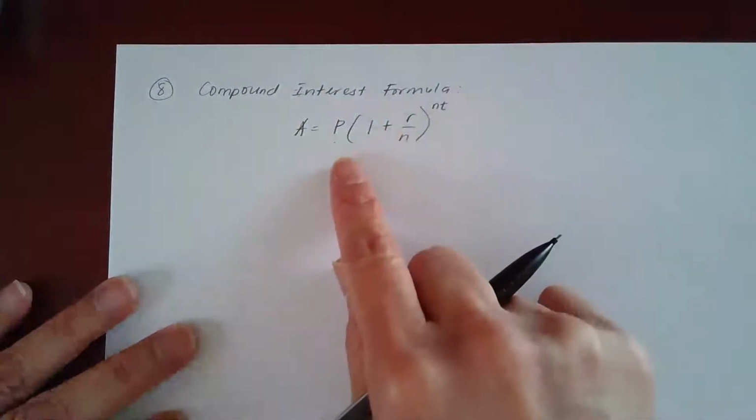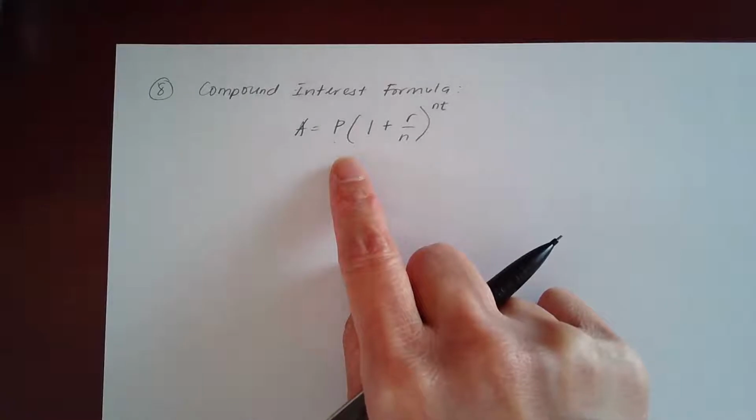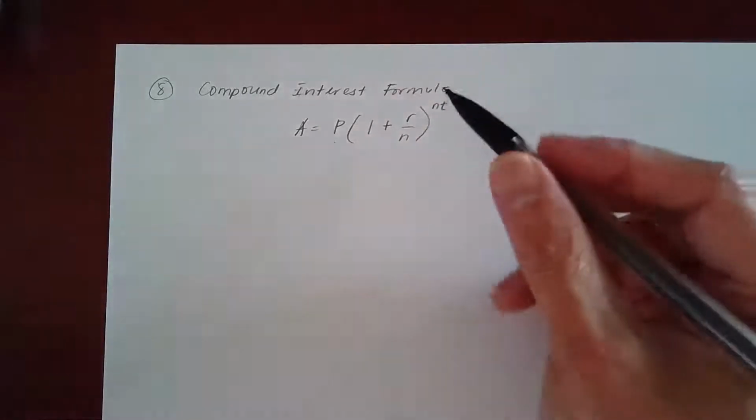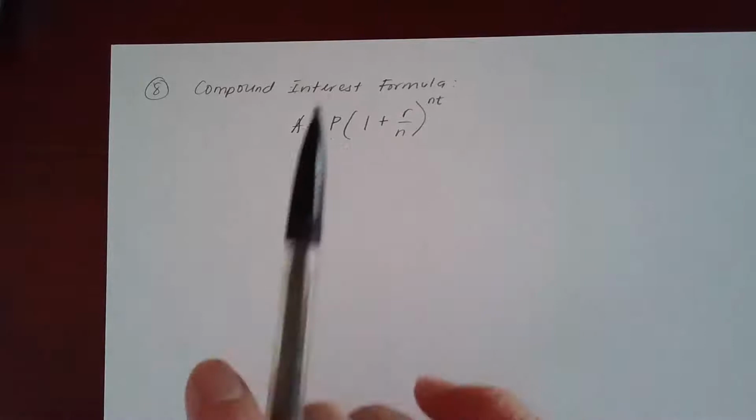And you can take a look at the notes that we have on lesson 8 for this kind of formula, and what the N represents, what the T represents, what the P and what the R represent. So it says here, the principal is 2,500.